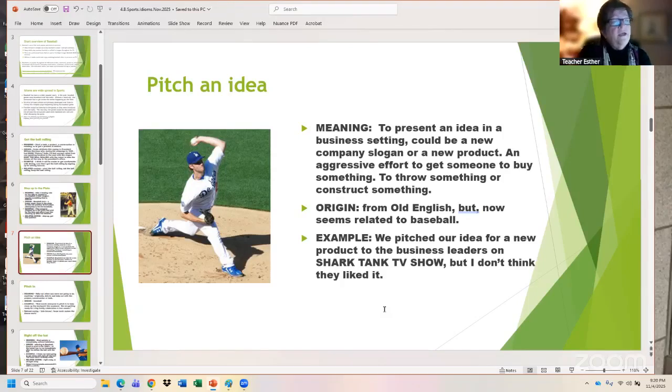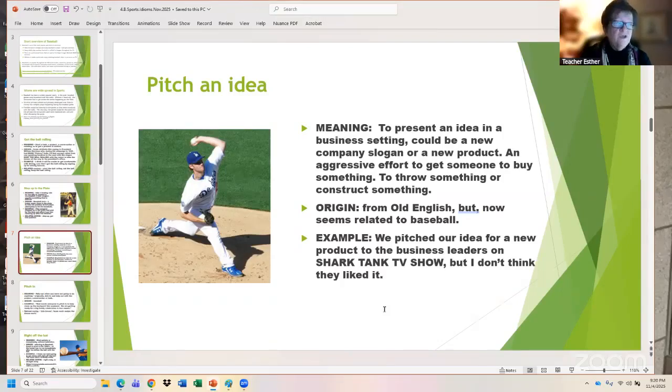Pitch an idea, meaning to present an idea in a business setting. It could be a new company slogan or a new product, an aggressive effort to get someone to buy something, or to throw something or construct something.